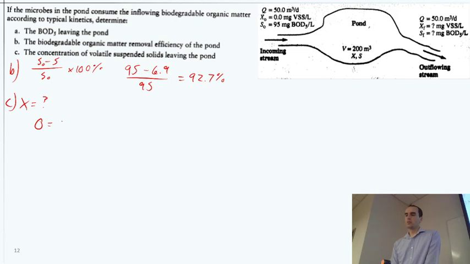So 0 equals Q S naught minus QS plus our substrate utilization rate. That's going to be, in the volume, we have some RSU.